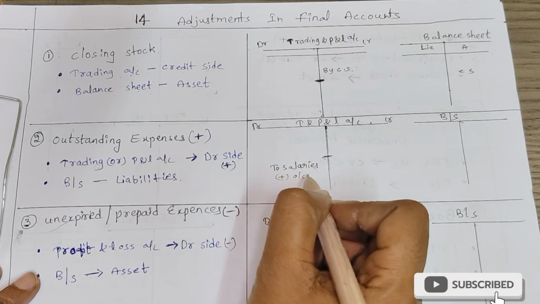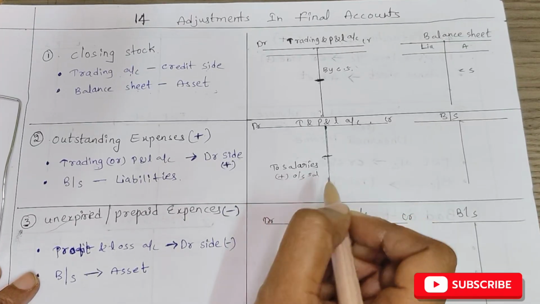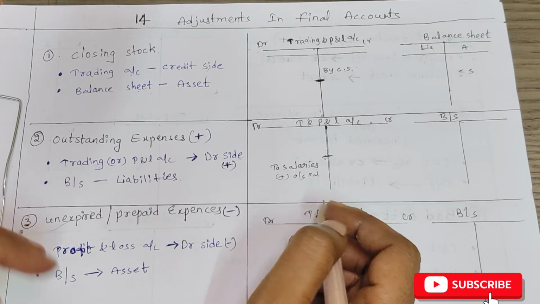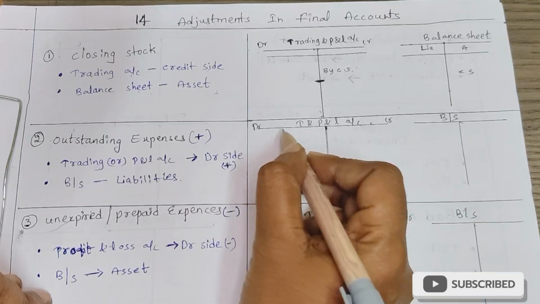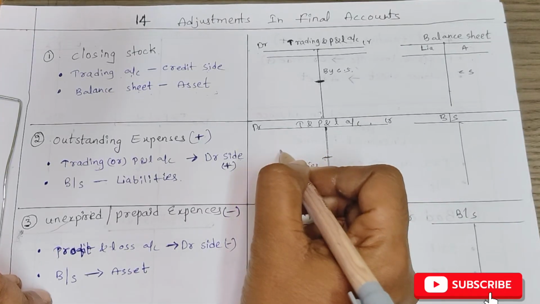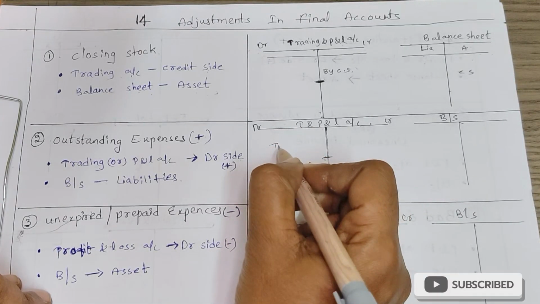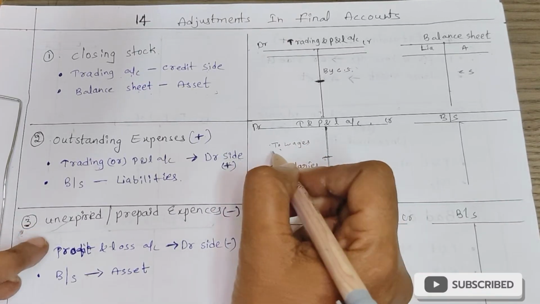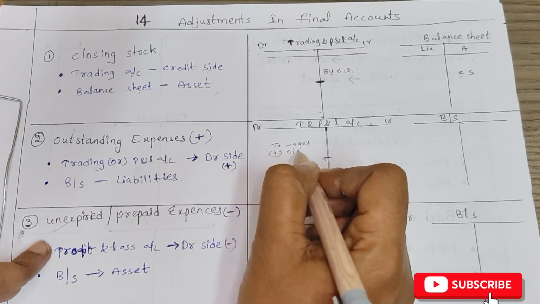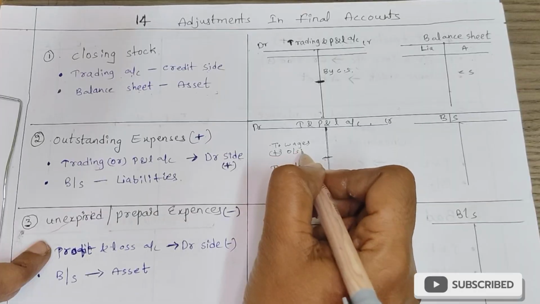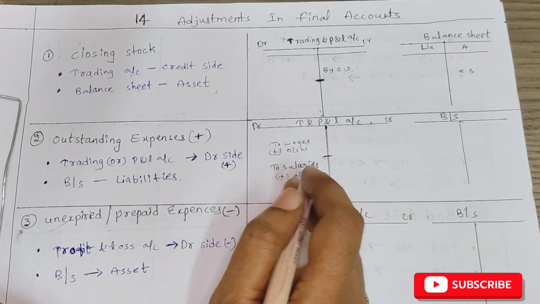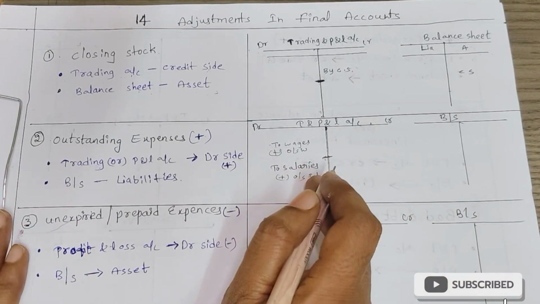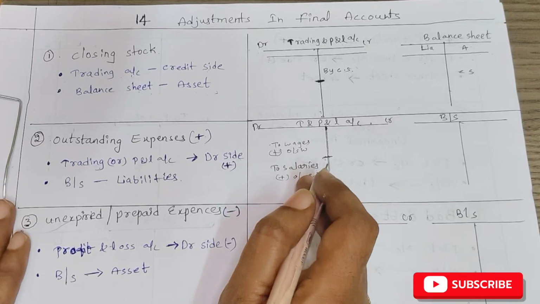If it is outstanding wages, wages are available on the debit side of the trading account. For that we add outstanding wages. So one time here is completed. If it is outstanding salary, one time we added here.